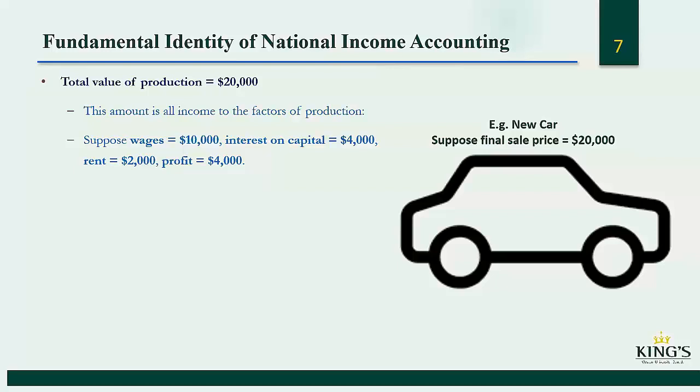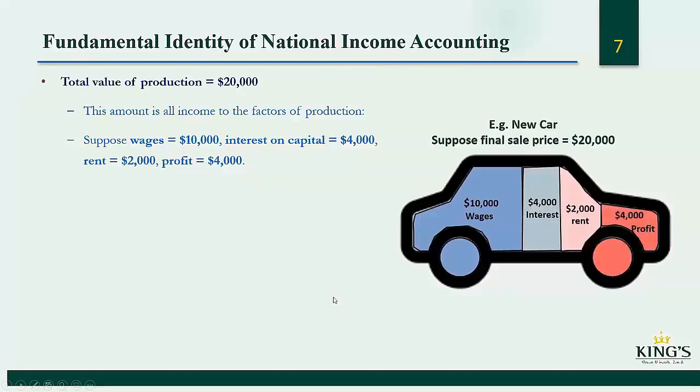Whatever's left over is profit, income to the owners of the firm. So the total value of production, this $20,000, can be broken down. It becomes income to all of the factors of production. So 10,000 would go to wages, 4,000 to interest, 2,000 to rent, and 4,000 to profit.